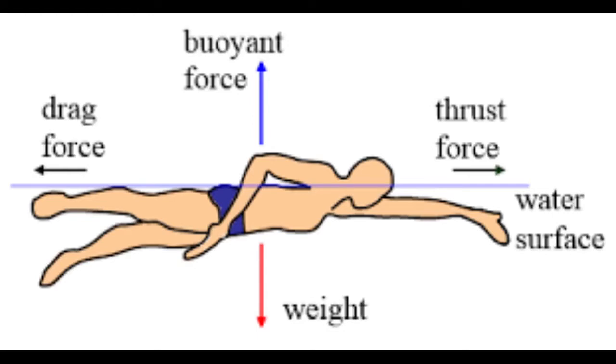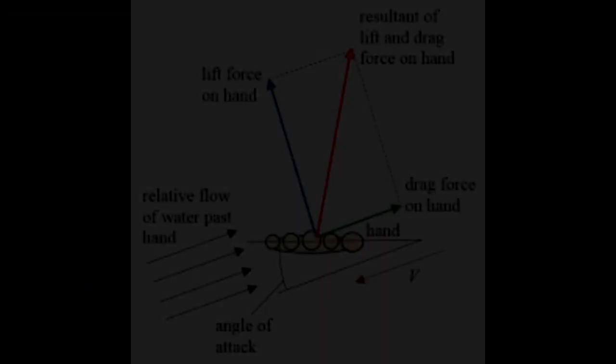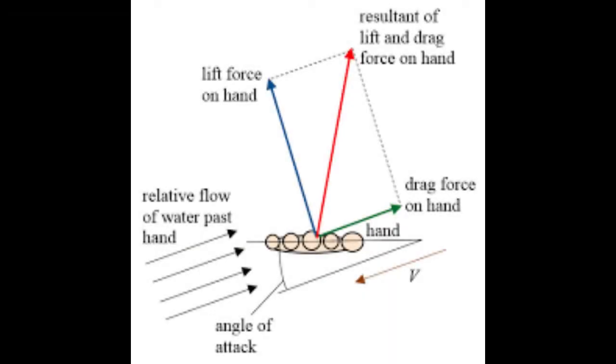The swimmer's hands mimic an airplane wing in the way they generate force as they move through the water. We can see this illustration in the picture. Just like for an airplane wing, the convention for showing the forces acting on the hand is to break them down into a drag force and a lift force.